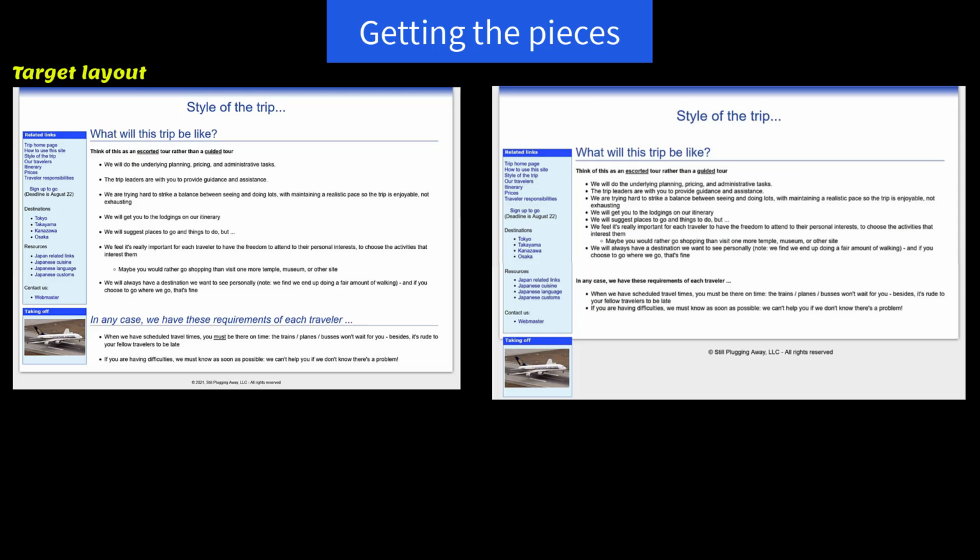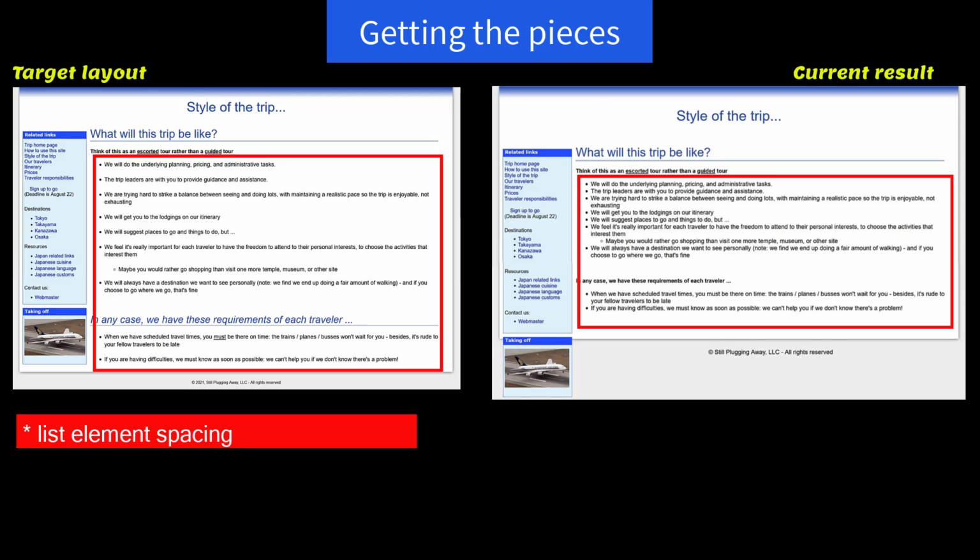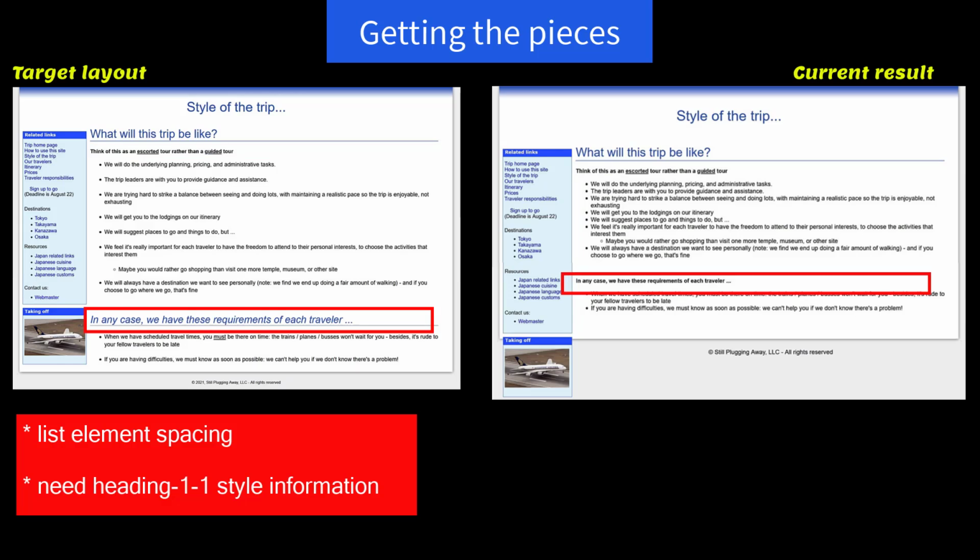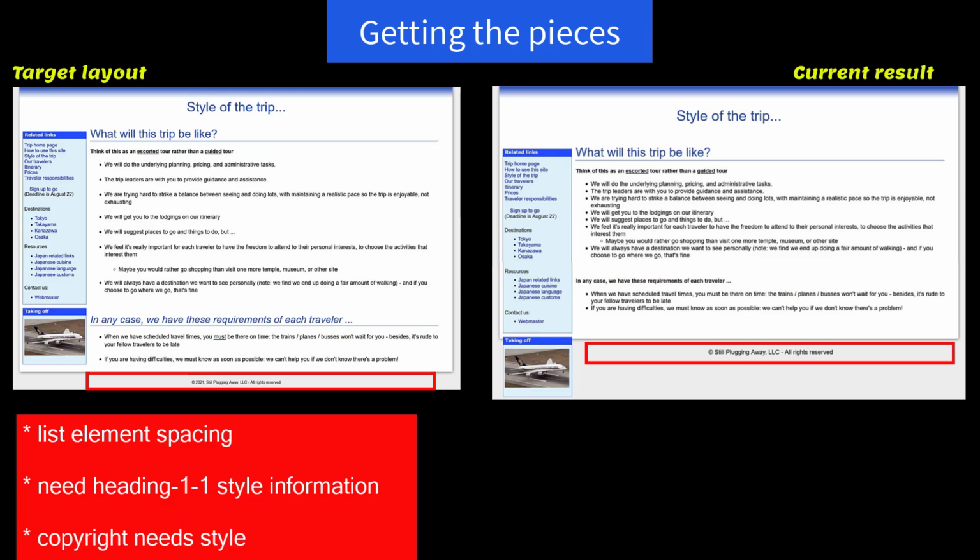Compare the target layout to the current status, and we see the following areas to work on. The list elements are not spaced as nicely as on the target. The last header needs the heading -1-1 style information we mentioned earlier, and the copyright notice needs some style.